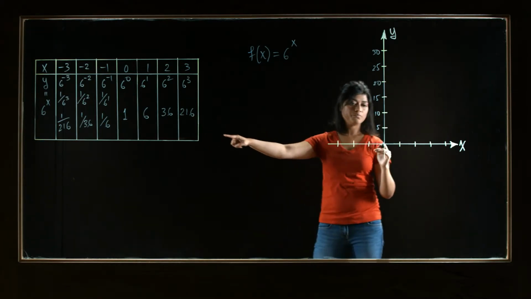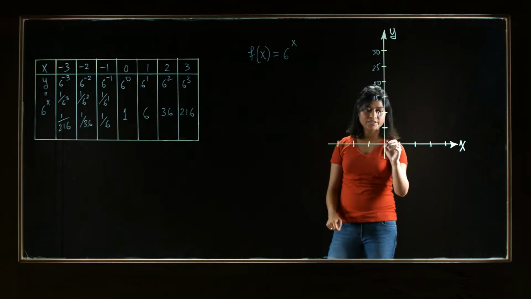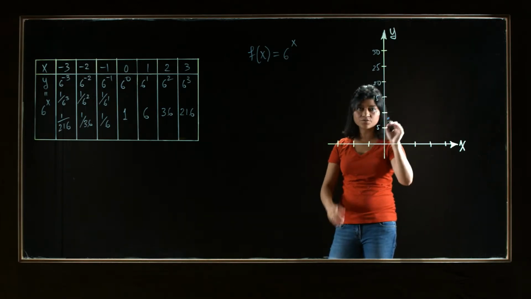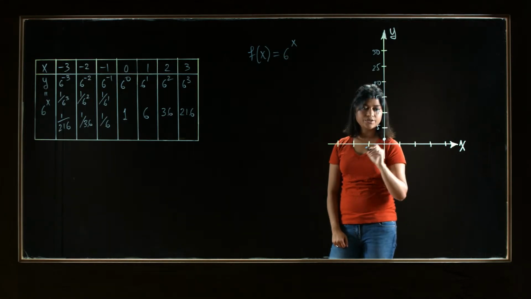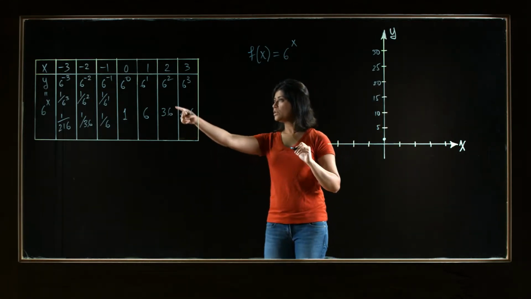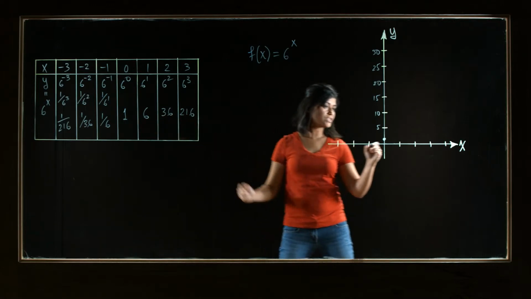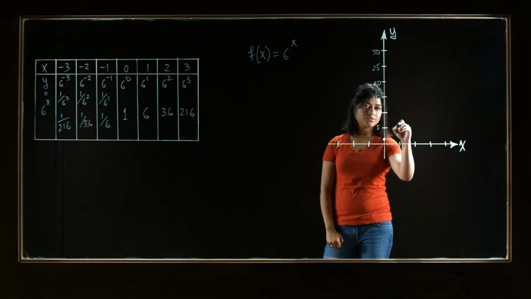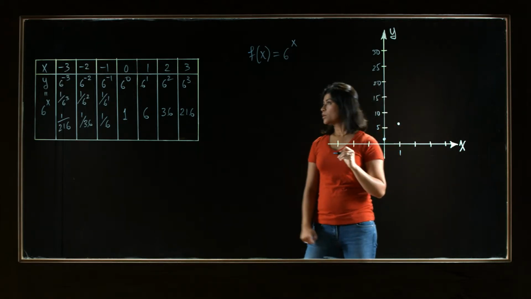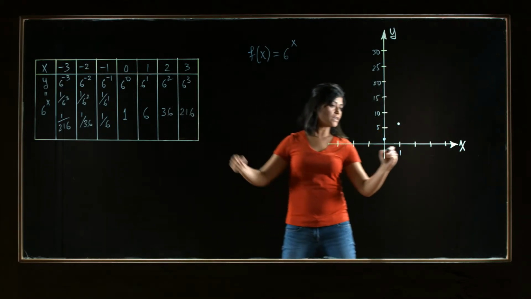For 0, the point is (0, 1). So let's start with the positive x first. So (0, 1) is somewhere here, say. And then 1 will give you 6. Then 2 gives you 36.